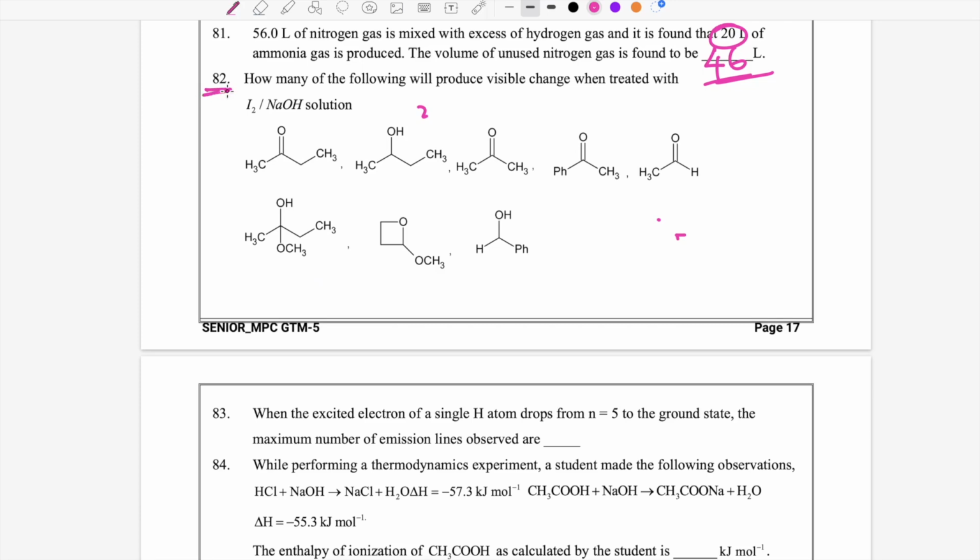Right. Next, 82. How many of the following will produce a visible change when treated with I2 and NaOH? He's talking about the iodoform test.